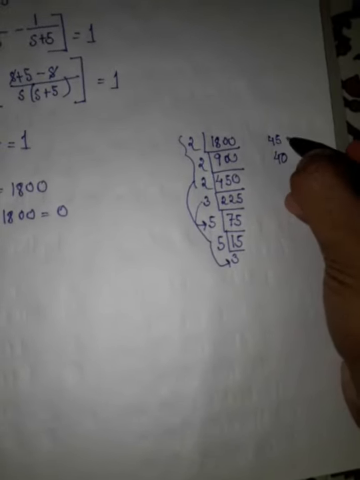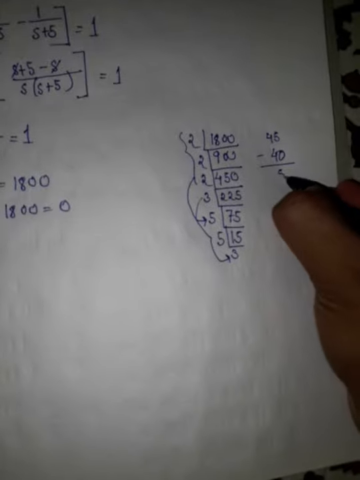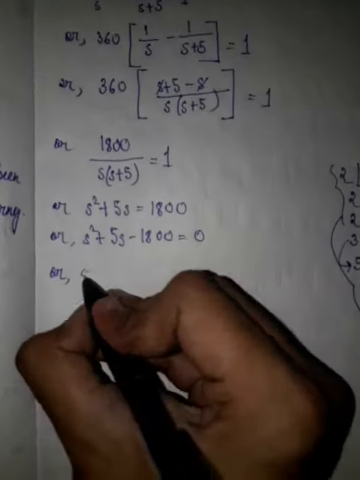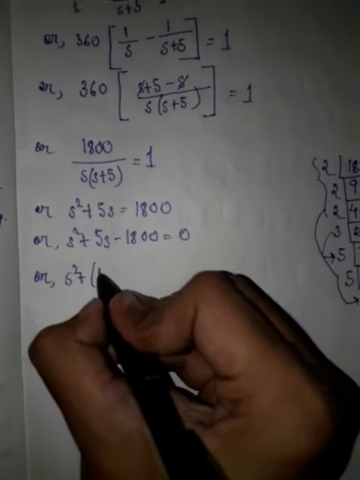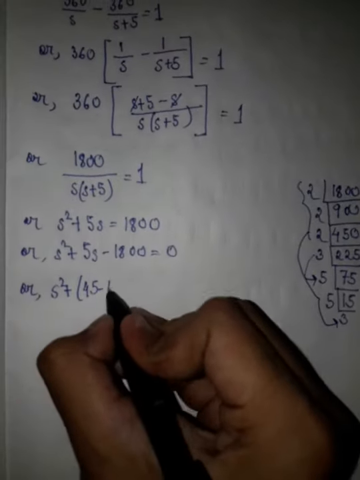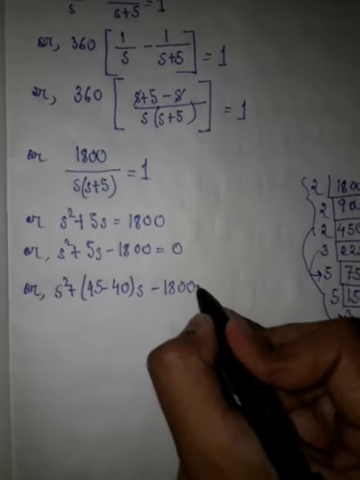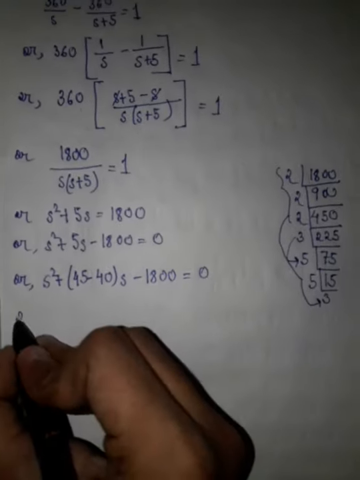So if we subtract these, we will get 5. So we can put it here: s square plus 45s minus 40s minus 1800 equals 0.